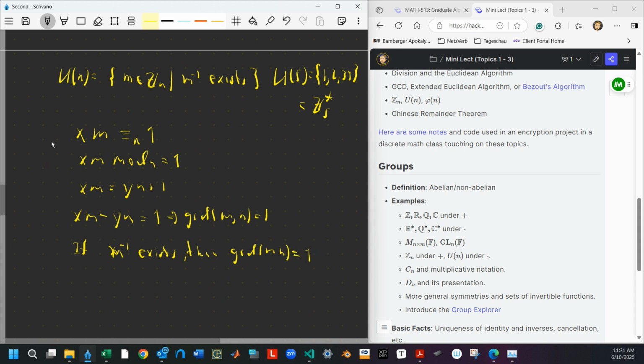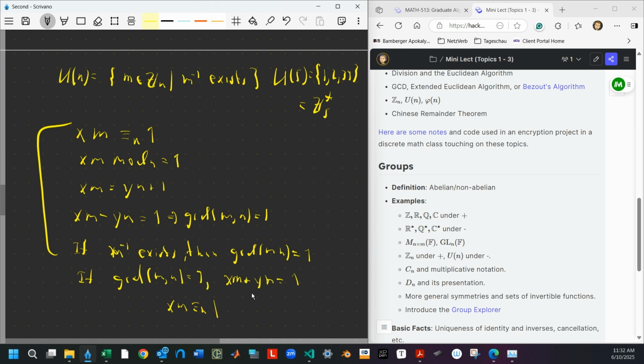On the other hand, that's kind of one direction. If GCD of m and n equals 1, then we know from Bézout's theorem that xm plus yn equals 1 has a solution. And then we can mod out by n, and we get that xm is equivalent mod n to 1, right?